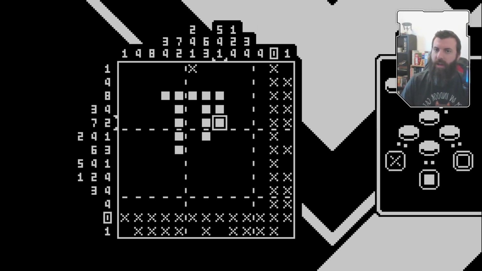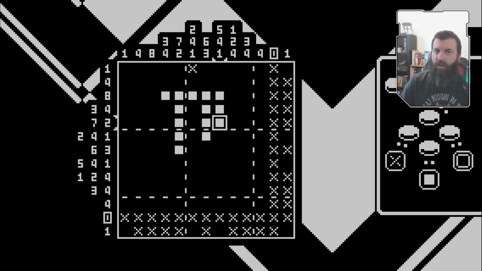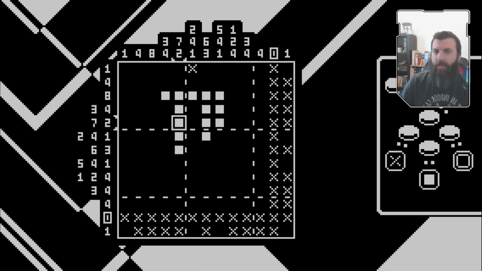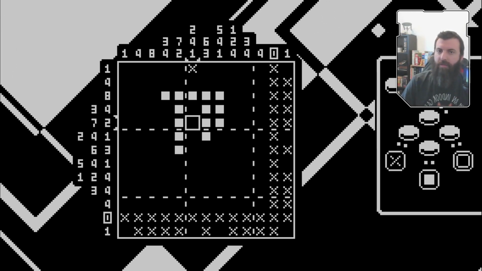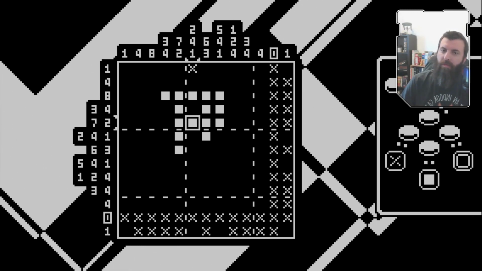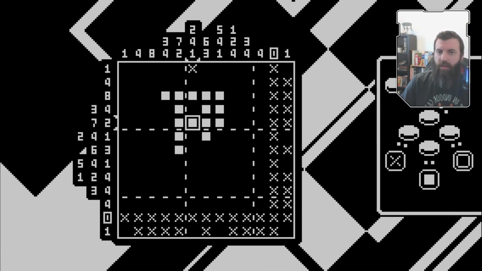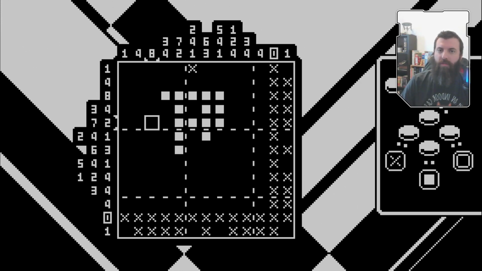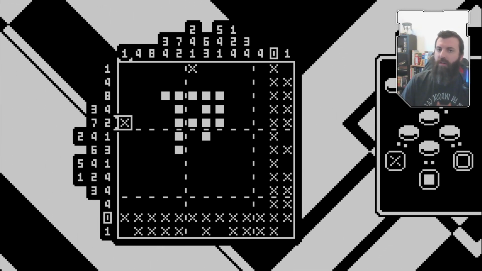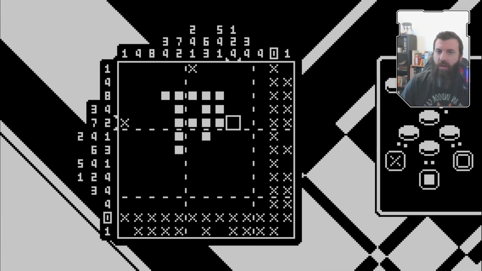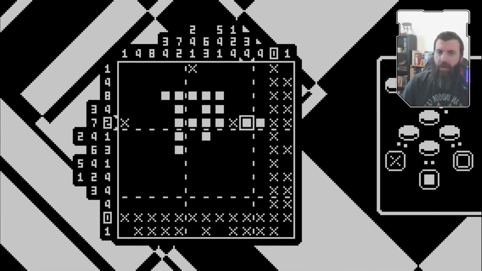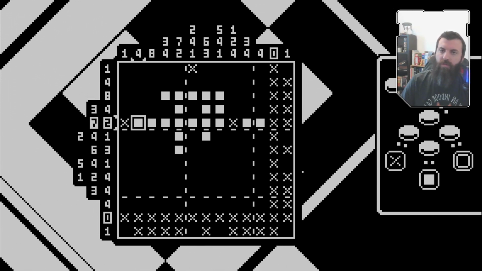Vertical 5 is gonna have to reach to at least. Similarly, horizontal 7 would have to reach to at least here. So we fill that in. That means that the 7 can't reach to here. With it not reaching to there, that actually limits our playable area down to just that.